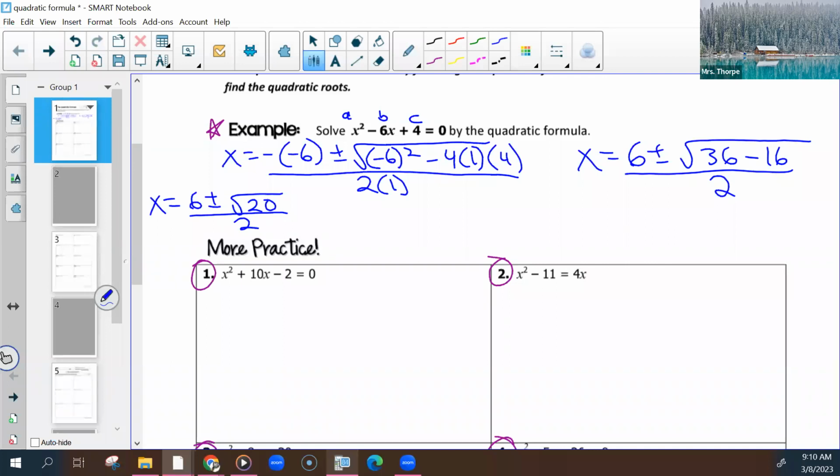So in algebra 2, you can simplify this, but we're not going to, so this would stay the same, but you would have two answers because of the plus and minus. In set notation, you would separate this: 6 minus the square root of 20 all over 2, and 6 plus the square root of 20 all over 2.